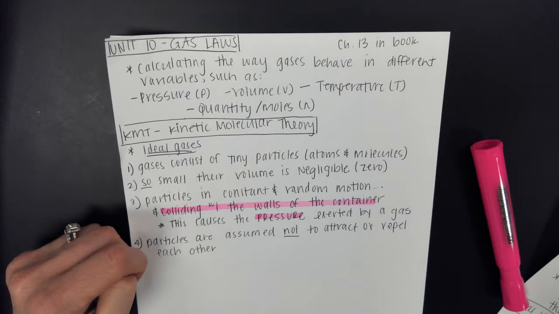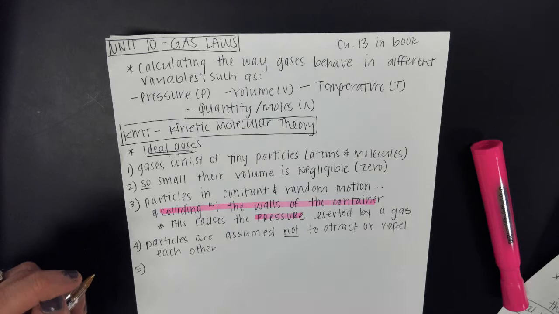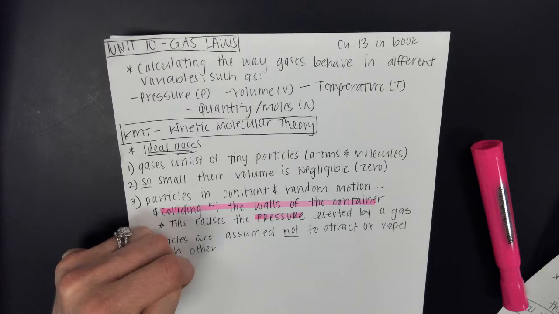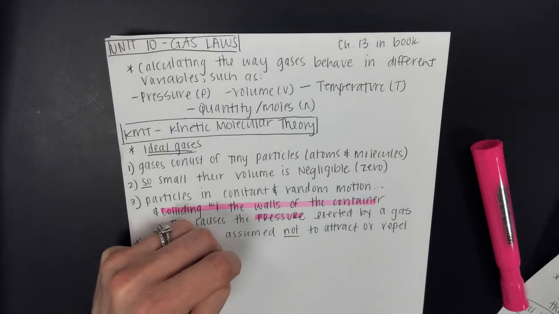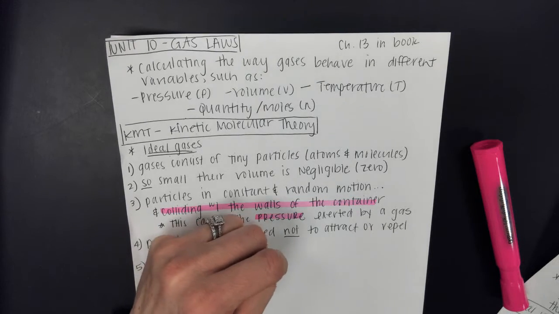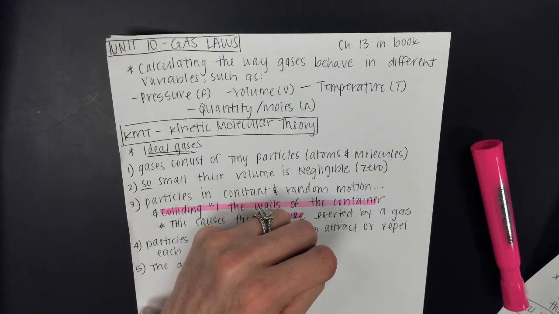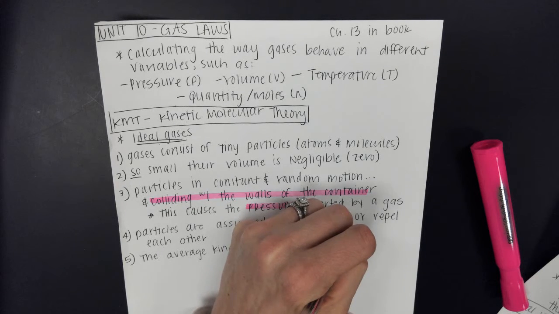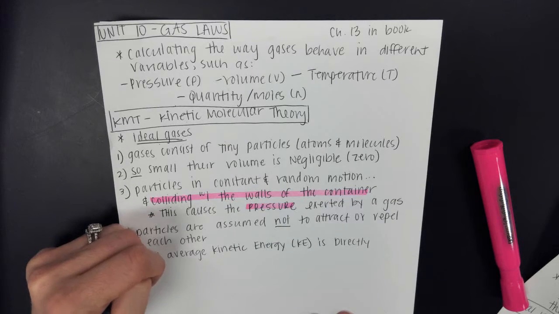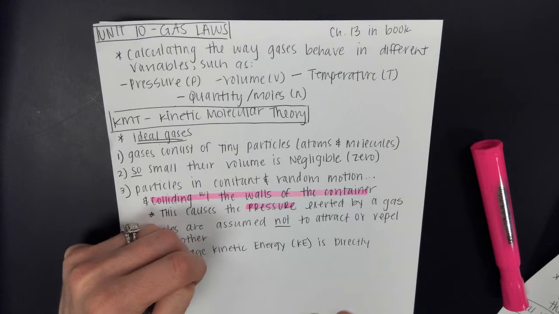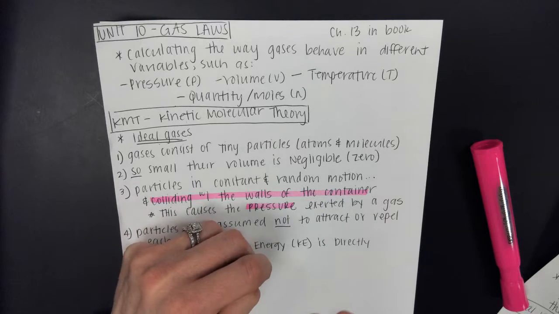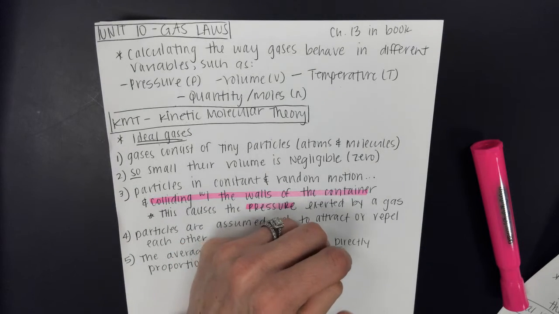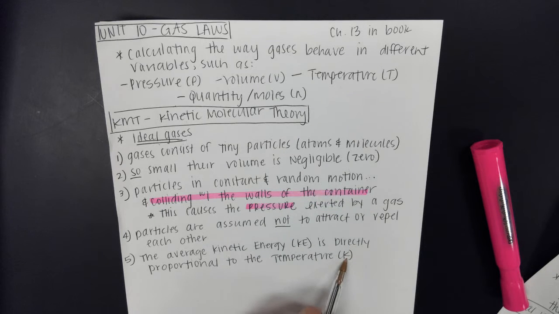The fifth assumption that we make is that the average kinetic energy, and I abbreviate that KE, is directly proportional to the temperature, and we measure temperature in this weird unit called Kelvin.